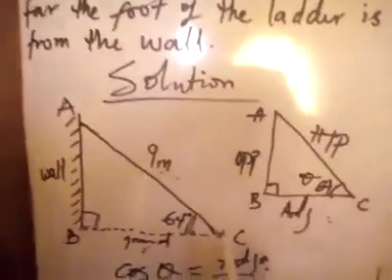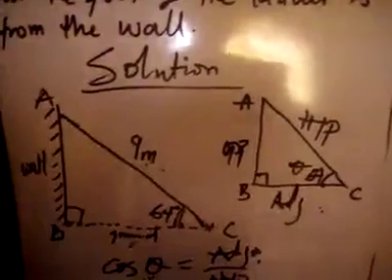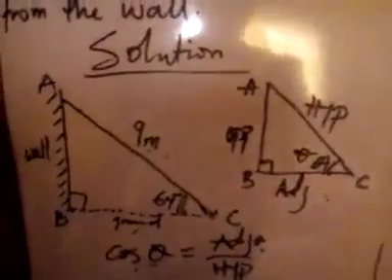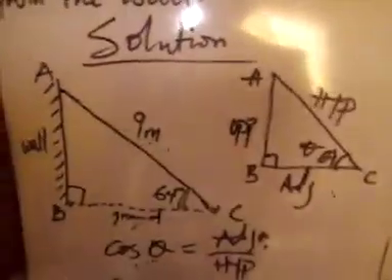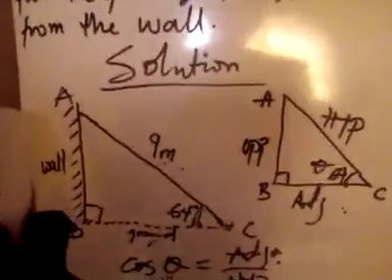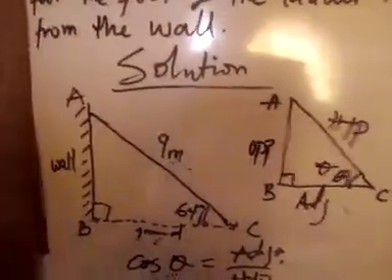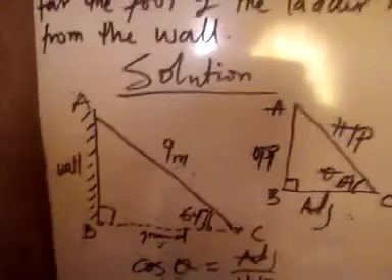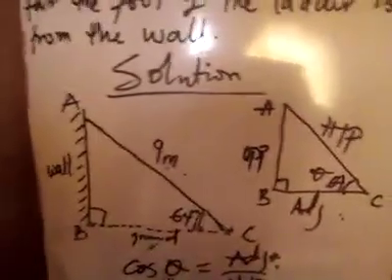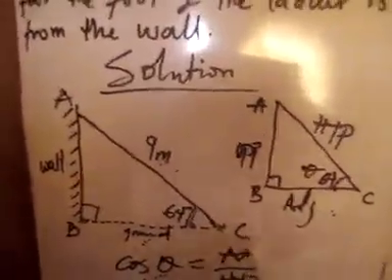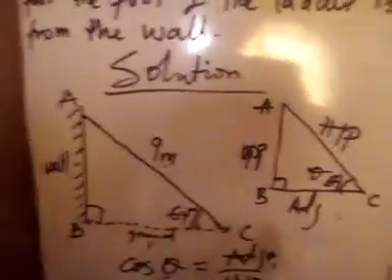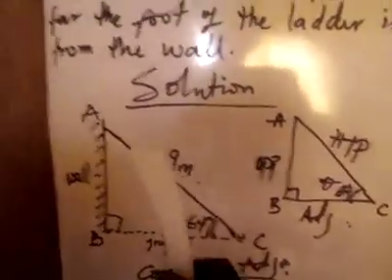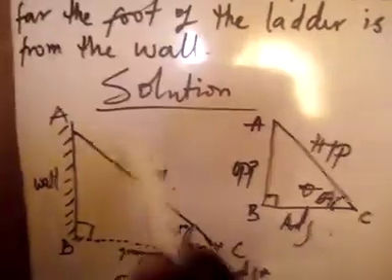You understand? It's a real life question, and we label our wall to be AB, while we label our ladder to be AC, and the distance between the wall and the other edge of the ladder is BC, which is the ground. Now don't forget that our ladder is 9 meters long.